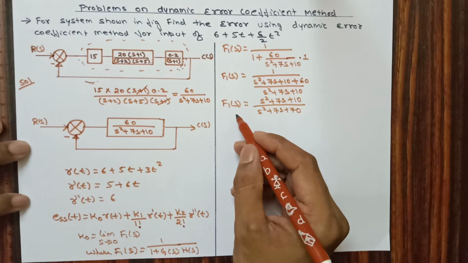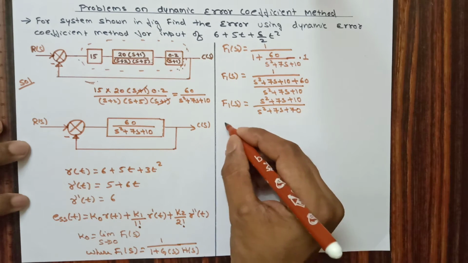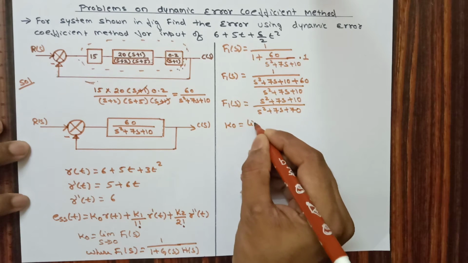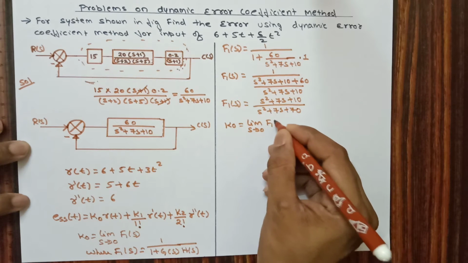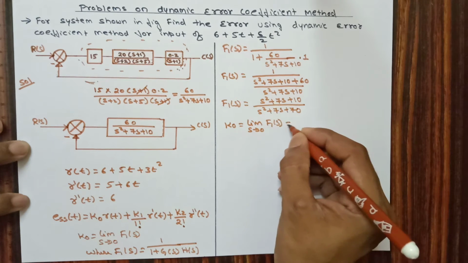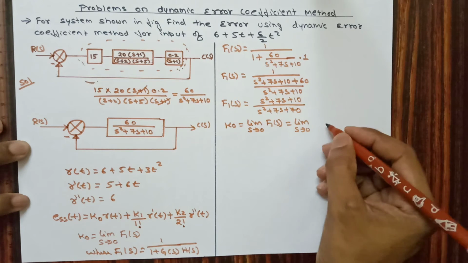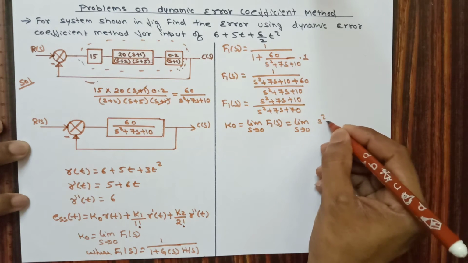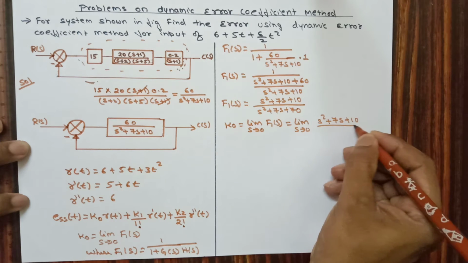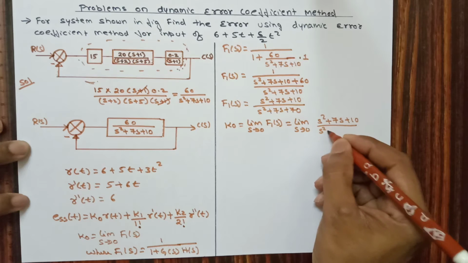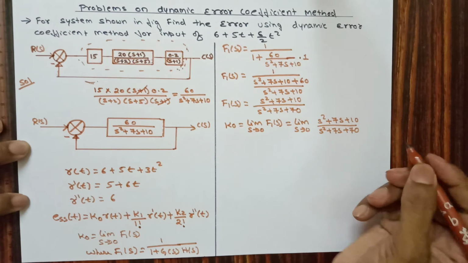Now with the help of this F1 of s value, we will calculate k naught, where k naught is equivalent to limit s tends to 0 of F1 of s, which is limit s tends to 0 of s to the power 2 plus 7s plus 10 divided by s to the power 2 plus 7s plus 70.